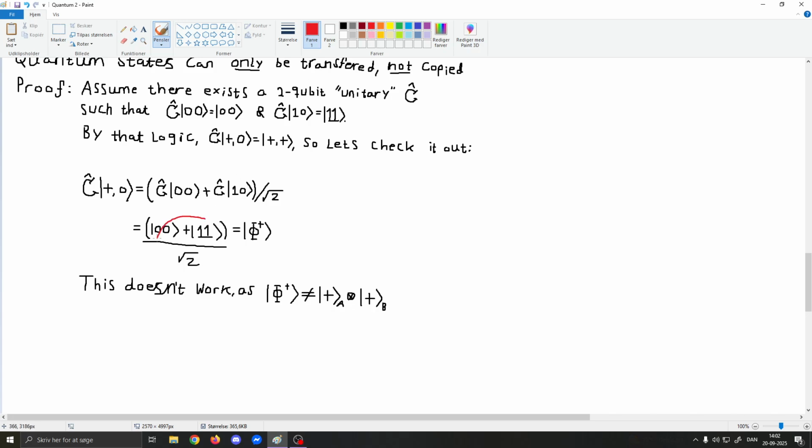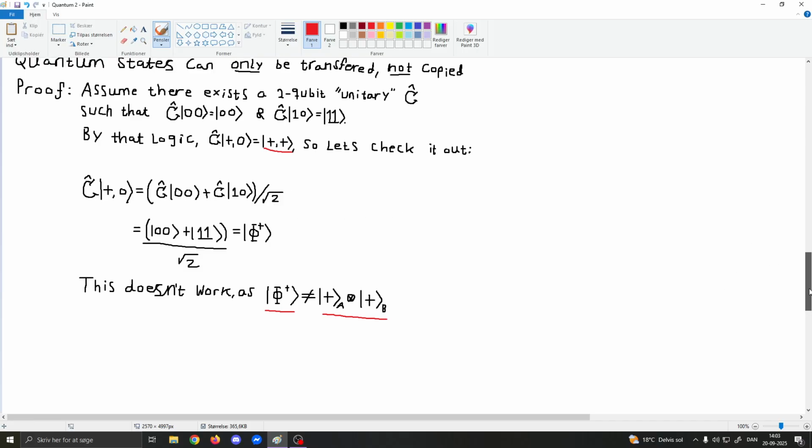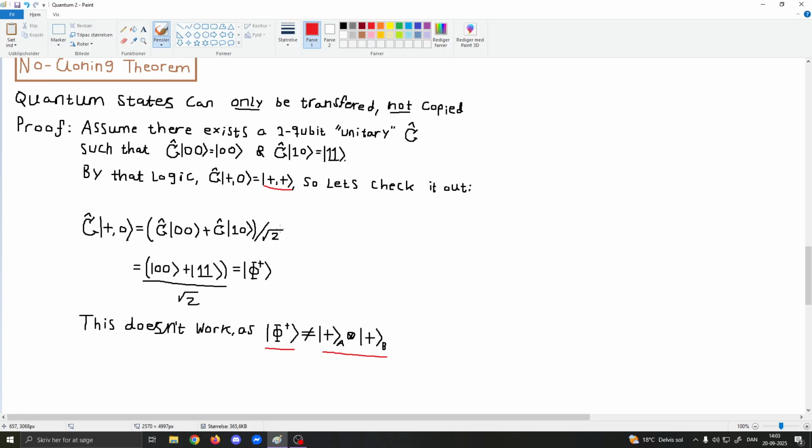As a result, we will get this state here, which you also recognize to be one of the Bell states. However, this is a problem because this Bell state is not the same as the state that we established it would become earlier. So this is in fact a contradiction demonstrating that we can't actually copy quantum states.